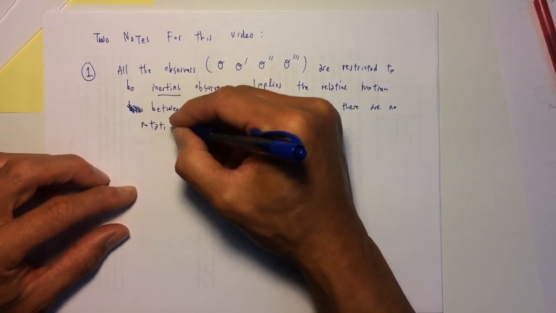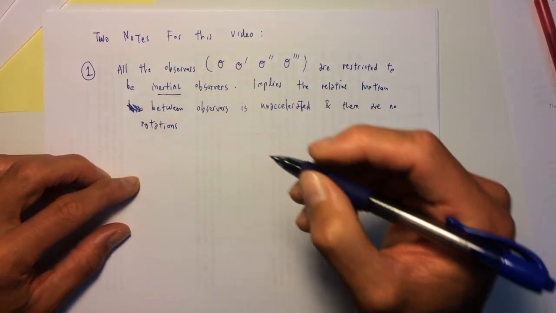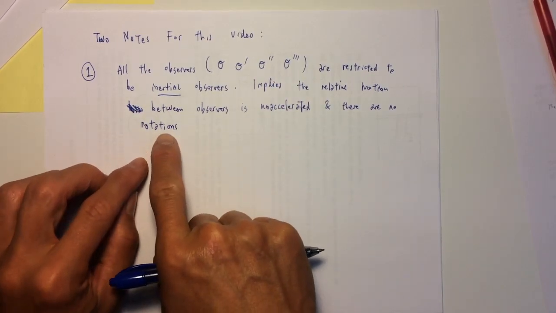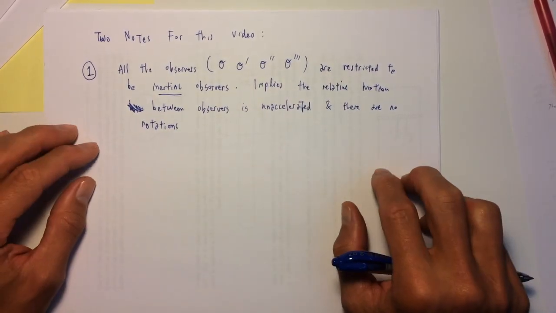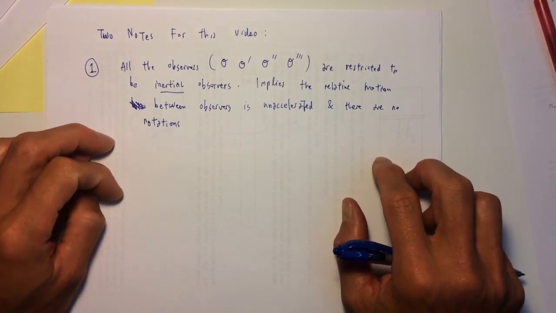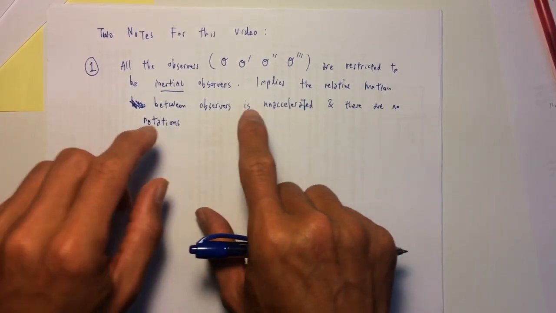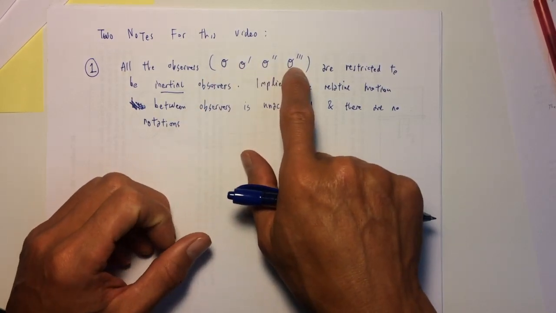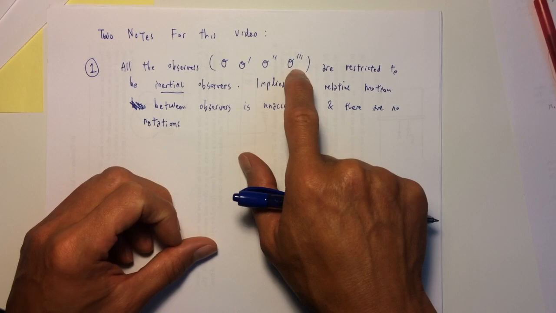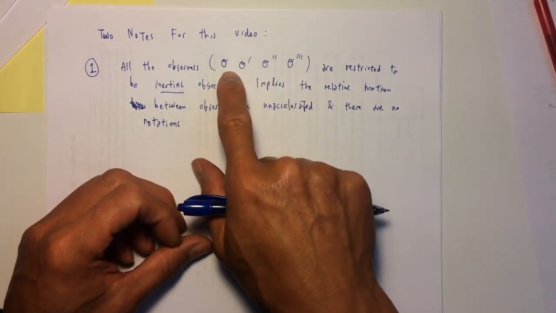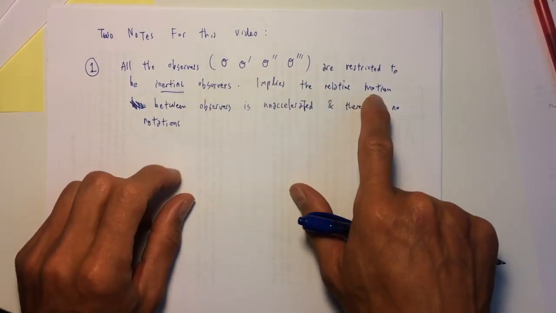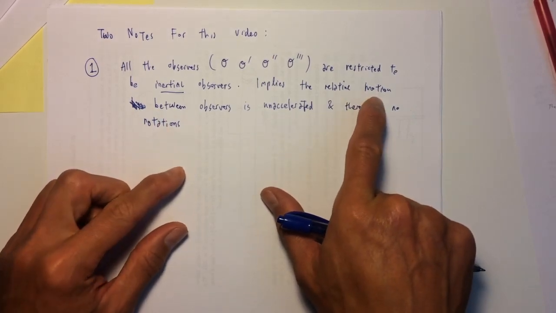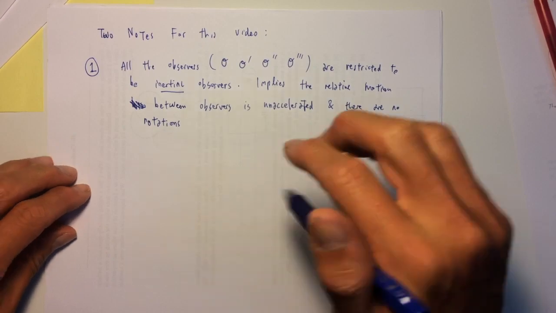I'll just stick that in a little bit extra. So none of these frames are allowed to be rotating relative to any of the other frames, because a rotating frame is a non-inertial observing frame. But in particular, if all these are already inertial frames of reference and they have relative motion between them, then the relative motion is unaccelerated. There is no relative acceleration.